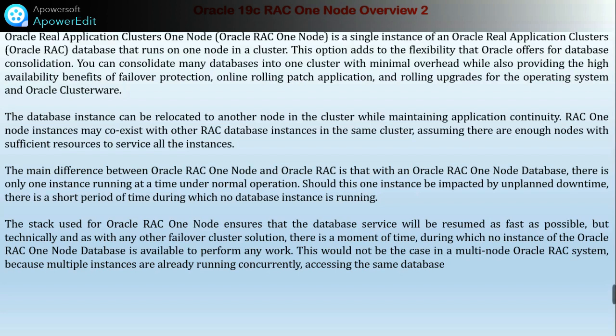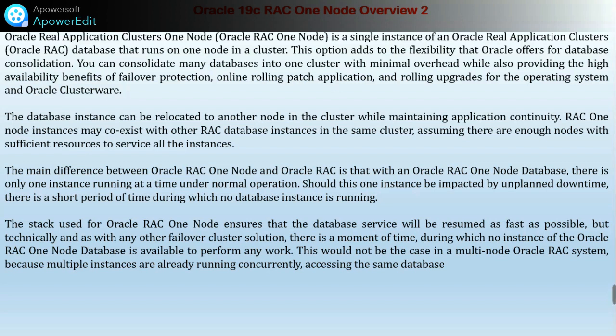Oracle RAC One Node overview 2. Oracle Real Application Cluster One Node is a single instance of Oracle Real Application Cluster that runs on one node. This option offers the flexibility of database consolidation, as we discussed earlier. The database instance can be relocated to another node in the cluster while maintaining application continuity. RAC One Node instances may coexist with other database instances in the same cluster, assuming enough nodes.